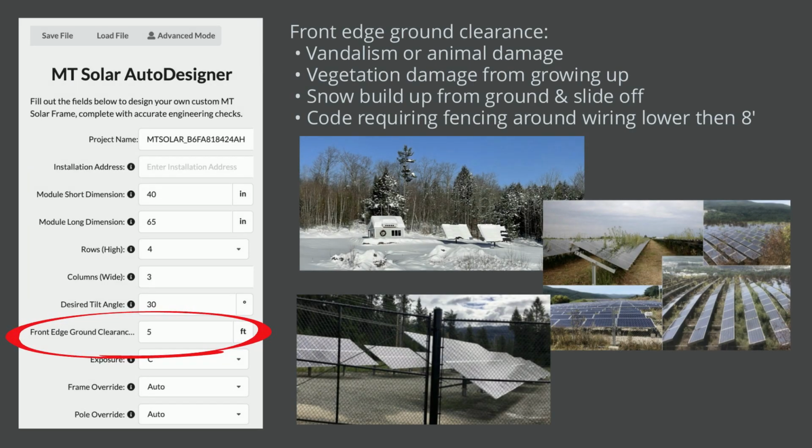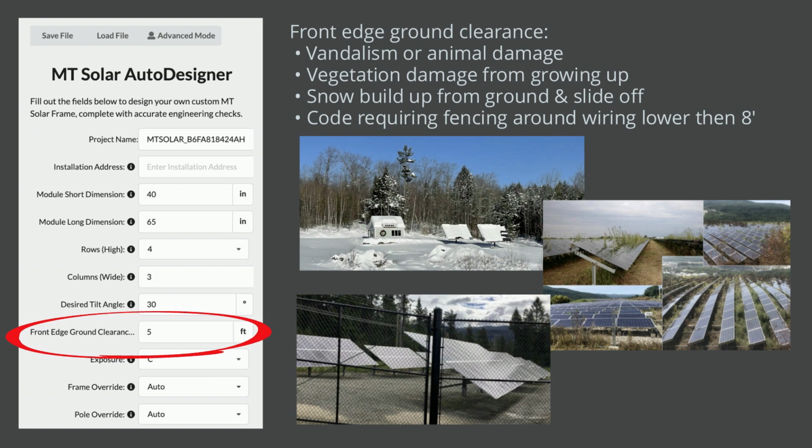Our next step is to enter in our front edge ground clearance. We recommend a minimum of 5 feet for our products for a variety of reasons. Vandalism, animals passing by or climbing on the array causing damage, vegetation growing up or through and damaging the array.